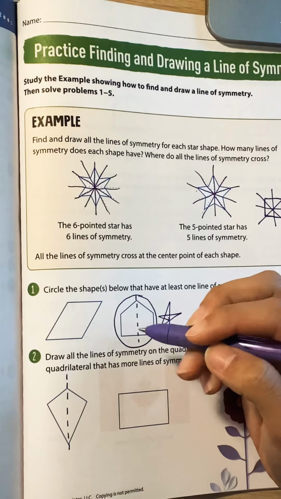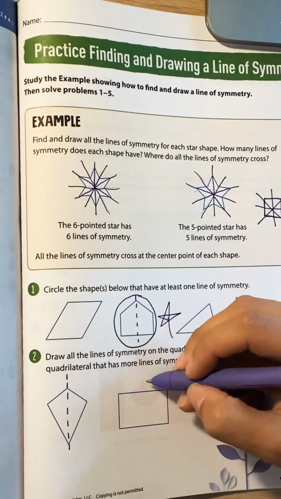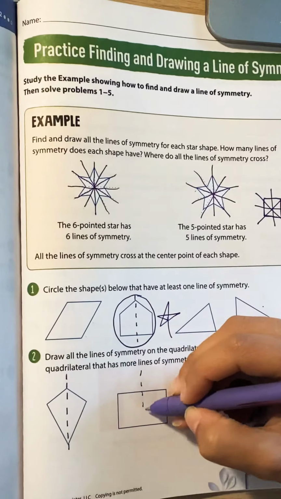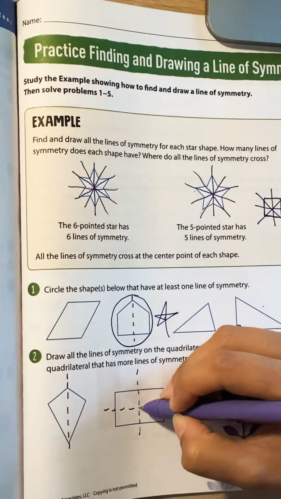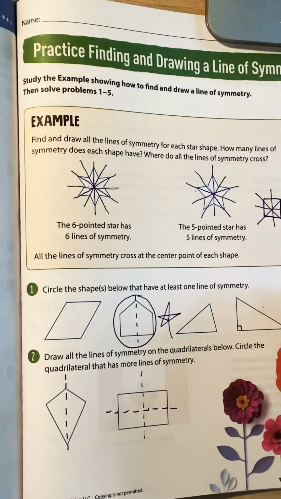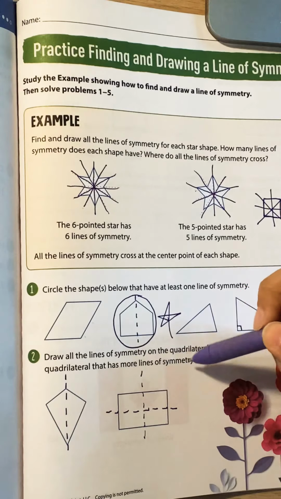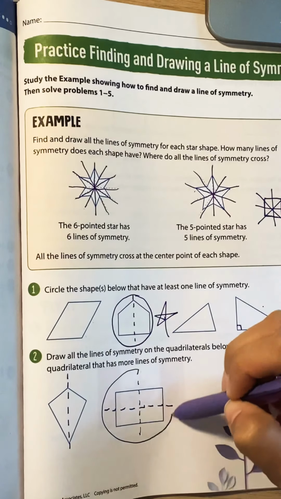That's a line of symmetry. That's the only one. This rectangle I can do vertically, like the kite. I could also do it horizontally though, but not diagonally. So circle the quadrilateral that has more lines of symmetry. This one has 1 line, this one has 2. 2's more than 1.